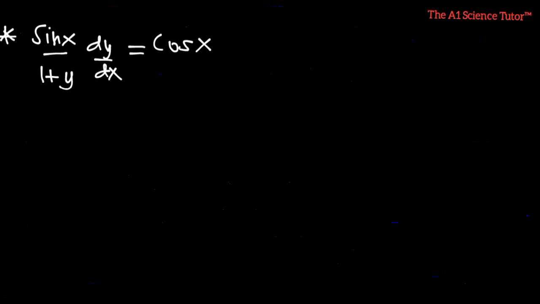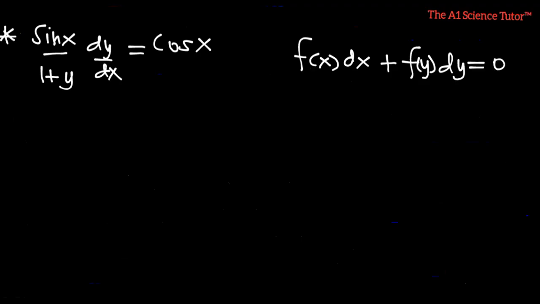So first off, we need to bring it out and make it more homogeneous. That is going to be f of x dx plus f of y dy, and everything equal to 0. So that is first off what I need to do.